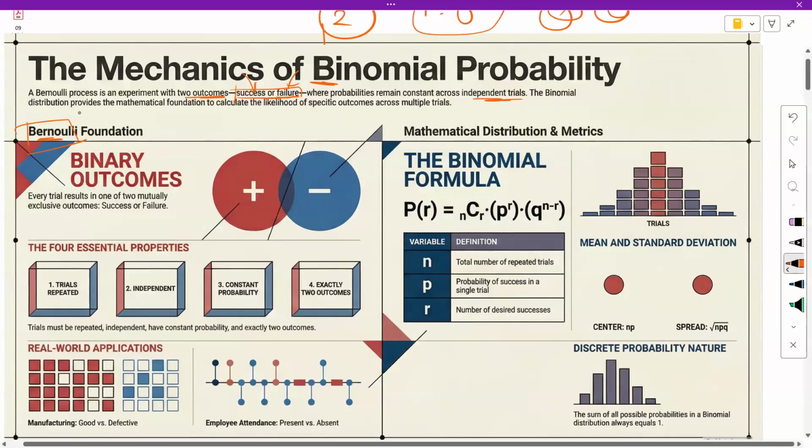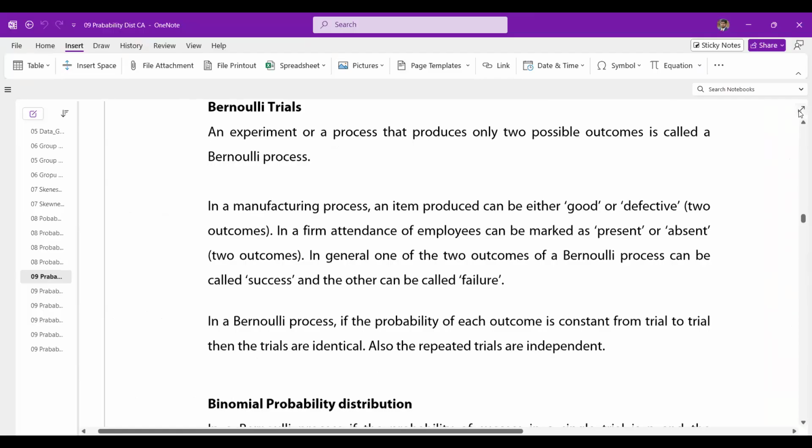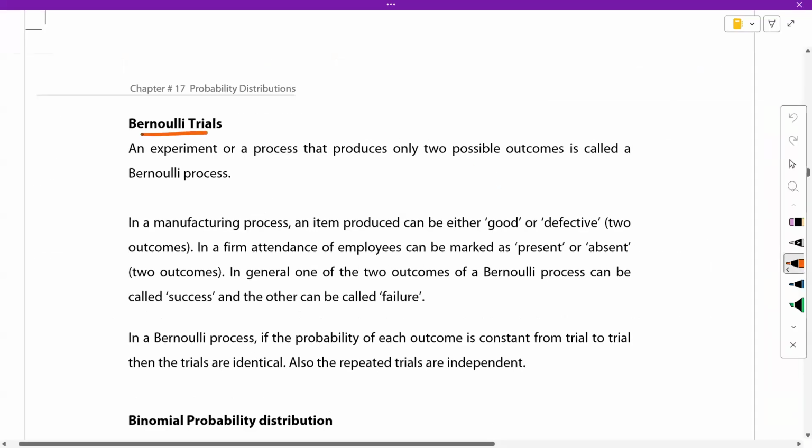The binomial distribution provides a mathematical foundation to calculate the likelihood of a specific outcome across multiple trials. There are some conditions. I use the PDF, the textbook. Here you can see: a Bernoulli trial, an experiment or process that produces only two possible outcomes, is called a Bernoulli process.